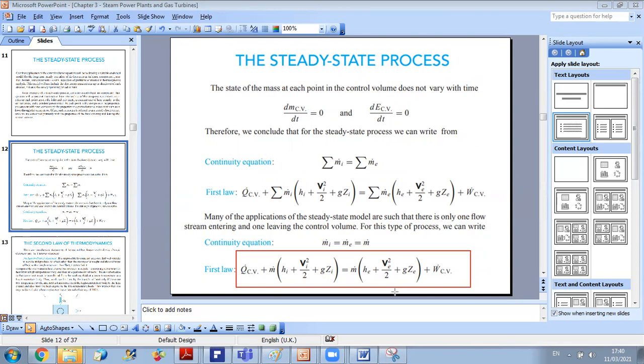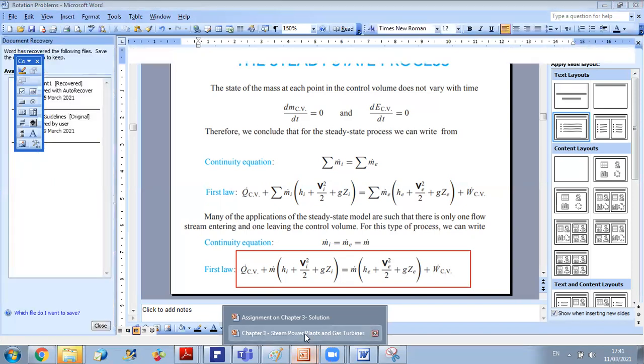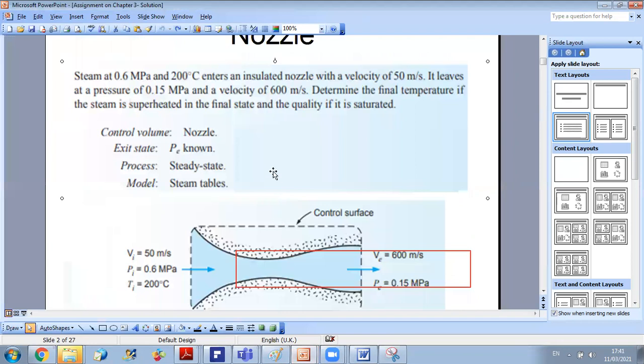So now we will try to apply this relation for the nozzle, okay? Now, first, I should understand what is the function of the nozzle. So if I go back to my problem, okay. First, in general, the purpose of a nozzle is to change the velocity by changing the cross section.